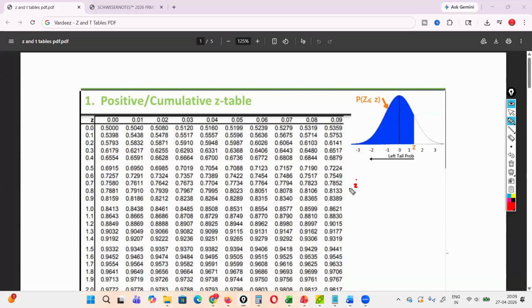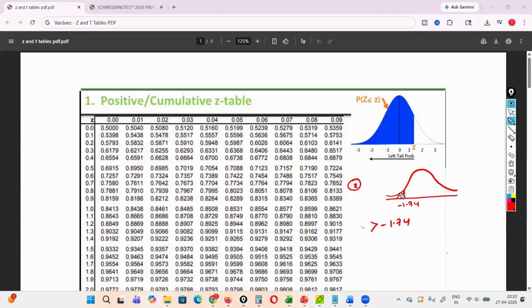Now, the second use case will be, let's say, in the last example, we found the negative 1.74. What if the Z value, or the earnings per share, any value that you want to find, is less than negative 1.74?